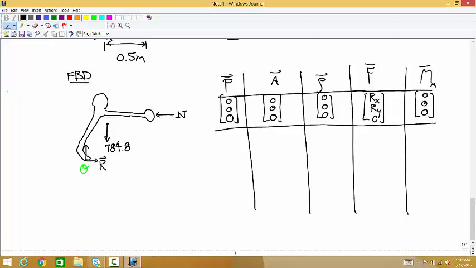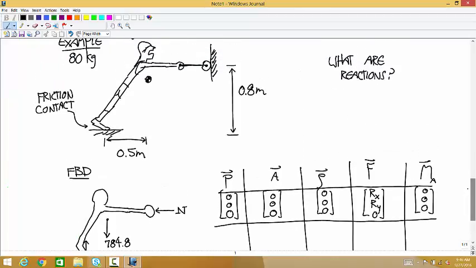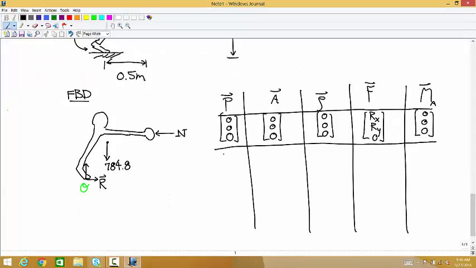Now we get to the weight force. We know the horizontal coordinate. What's the x coordinate of the point where that's applied? Yeah, 0.5. But we don't know anything about the height, so I'll just call that h for now. The about point is the origin.